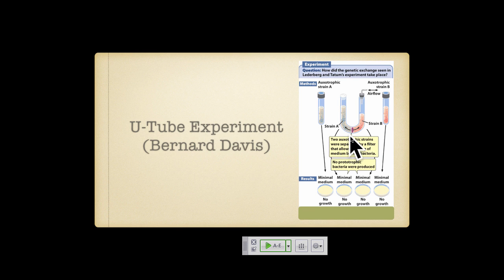But the pores were too small for bacteria to cross. So he put strain A over here, strain B over here, and what did he find? No growth. So what does this tell you? There has to be physical contact between the bacteria in order for this process to happen. Okay. Pretty straightforward experiment.